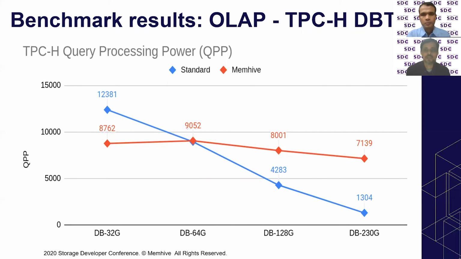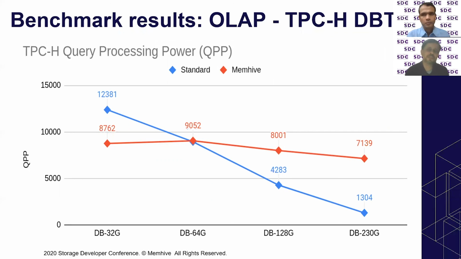All right, so here we can see the results that I was talking about with the various benchmarks. The first one we are seeing here is the TPC-H online analytical processing benchmark. One of the metrics that TPC-H provides is called the query processing power.